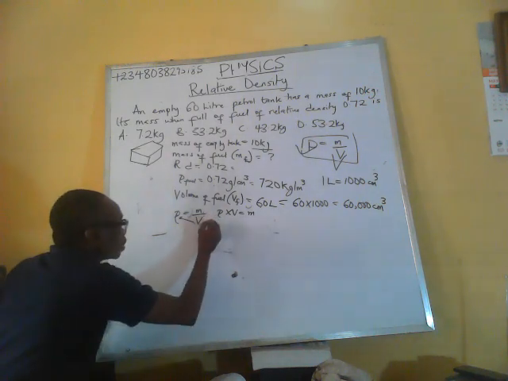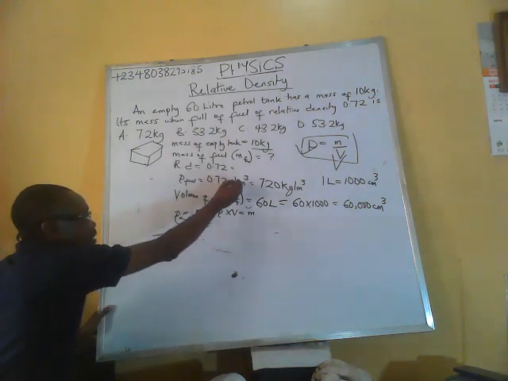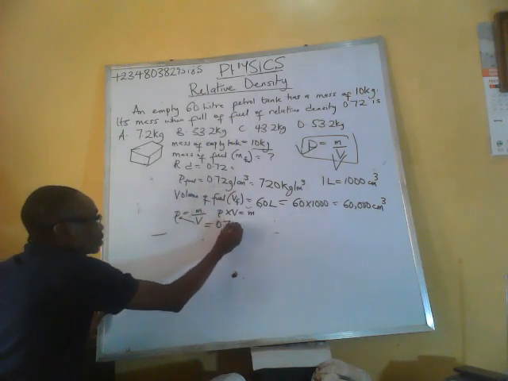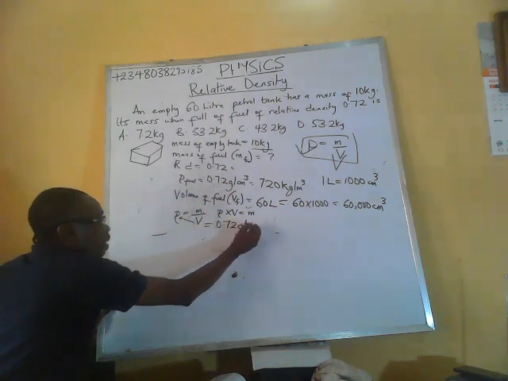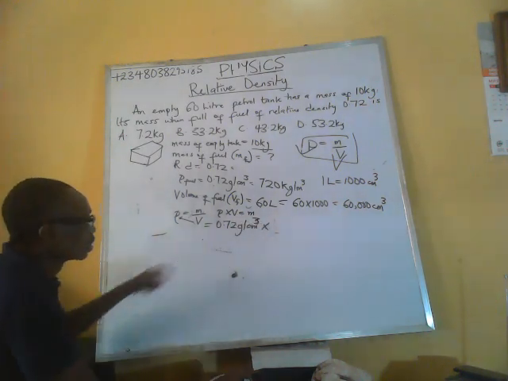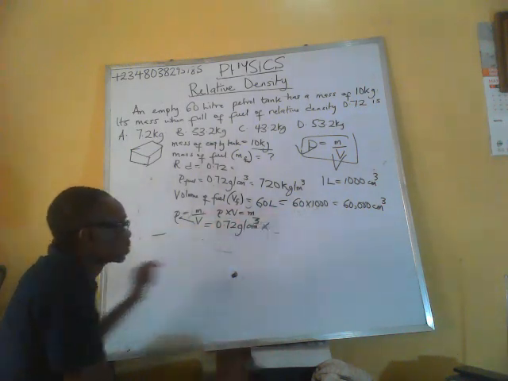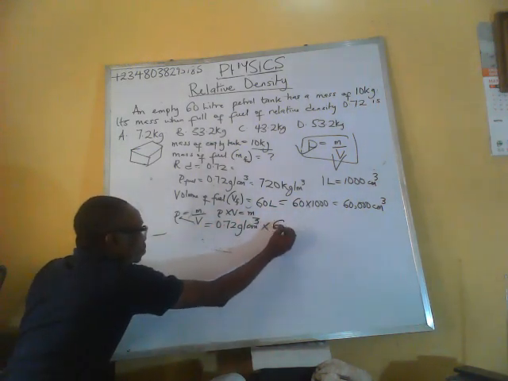So you have density in gram per cm3, 0.72 gram per cubic centimeter. Then the volume in cubic centimeter is 60,000.